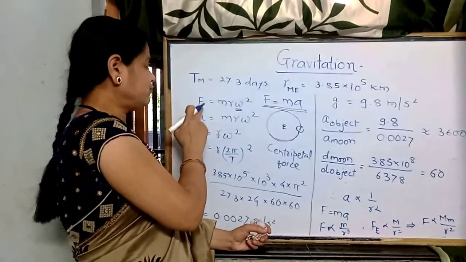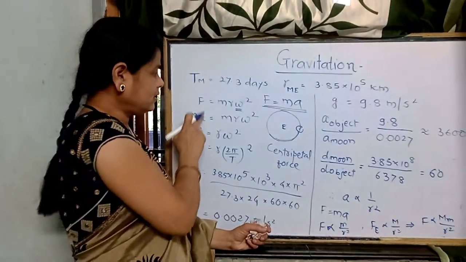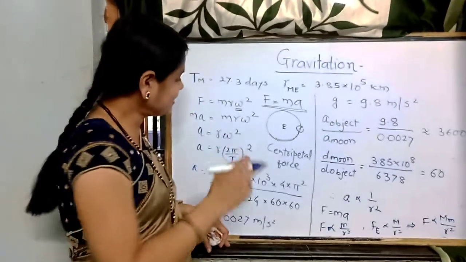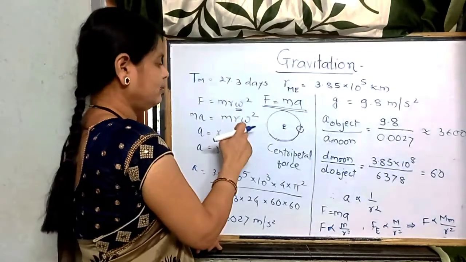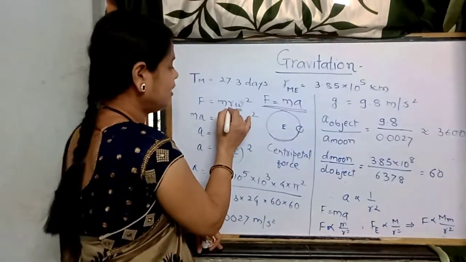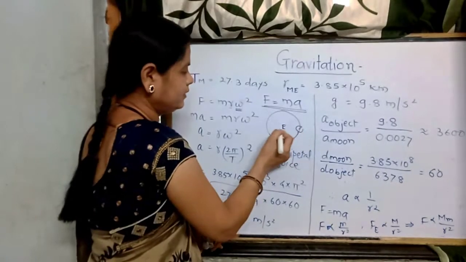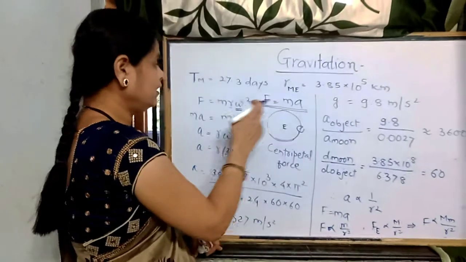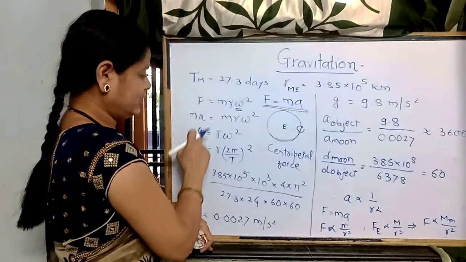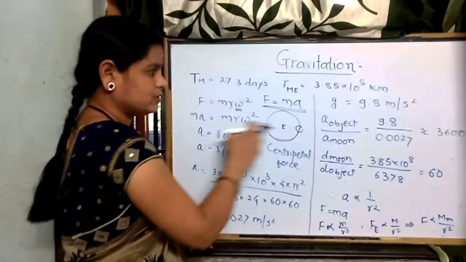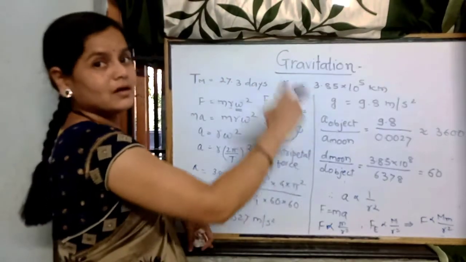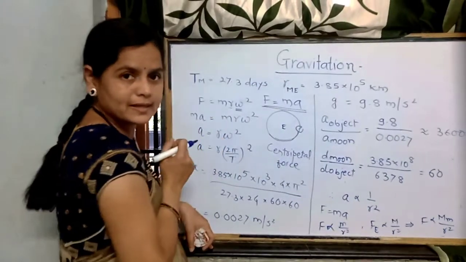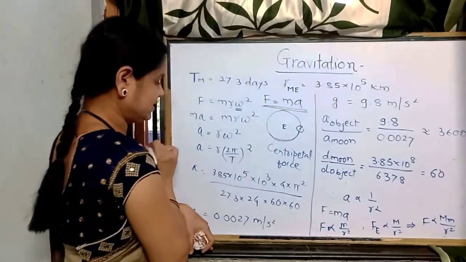If this force is equal to mass into acceleration, and we put this value here, we get m into a is equal to m into r into omega square. This r is the orbital radius, omega is the angular velocity with which it is moving. Therefore, the acceleration with which the moon is revolving around the earth is equal to r into omega square. m gets cancelled, right? So we have this acceleration.